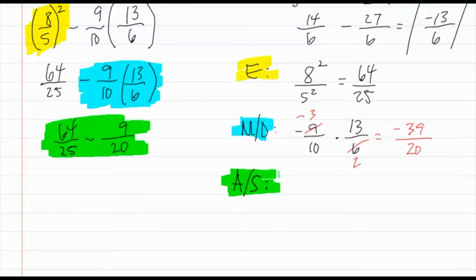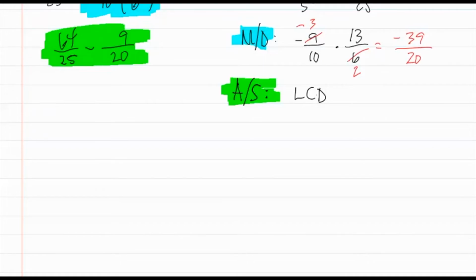Since our denominators do not match, we're going to need to find a least common denominator. Remember, with larger numbers, we may need to find the prime factorization in order to find the least common denominator. This means that we find the prime factorization of both 25 and 20. 25 is 5 times 5, and 20 is 5 times 4, which is 2 times 2.